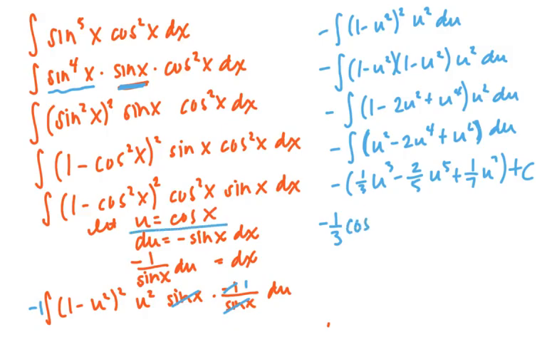So we have cosine to the 3rd x plus 2/5 cosine to the 5th x minus 1/7 cosine to the 7th x plus c. So you can see that we distributed the negative as well as put the x value back in.